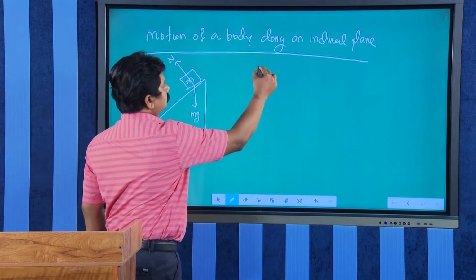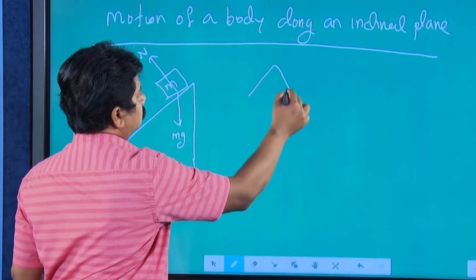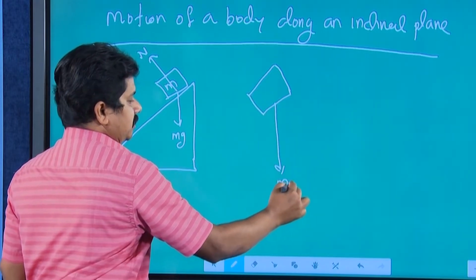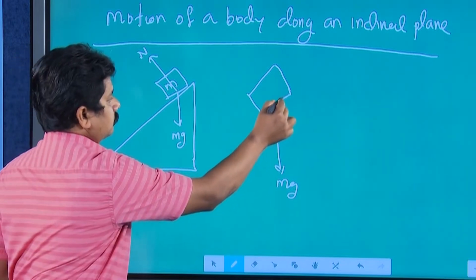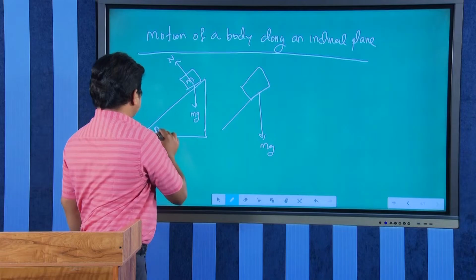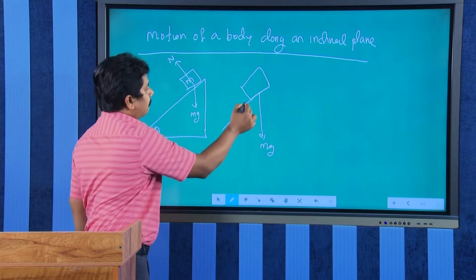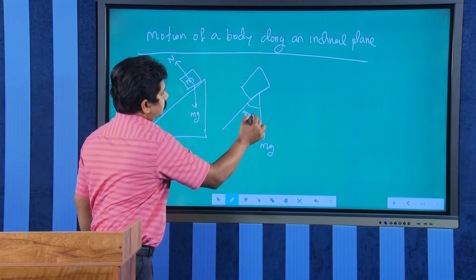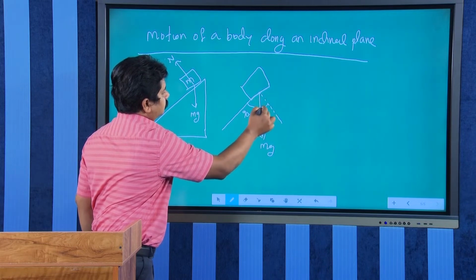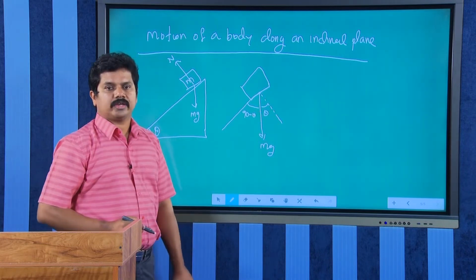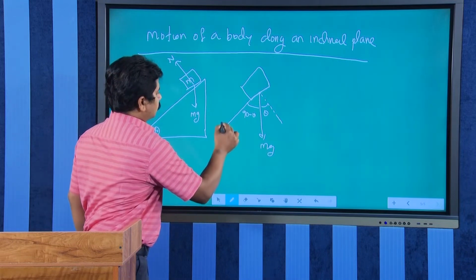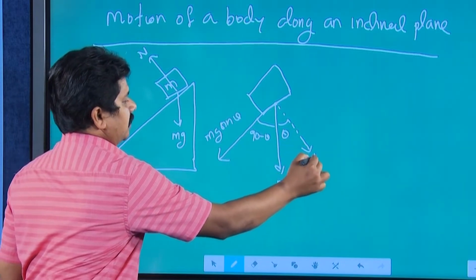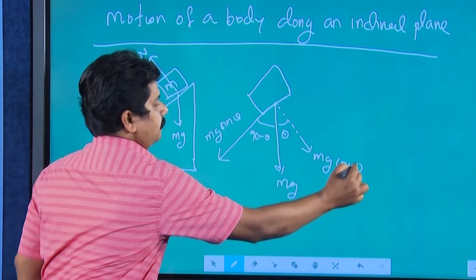That is, this is mg, this angle is theta. So, definitely this will be 90 minus theta, right, and this will be theta. Okay. Now, we can resolve this mg into mg sin theta and mg cos theta.